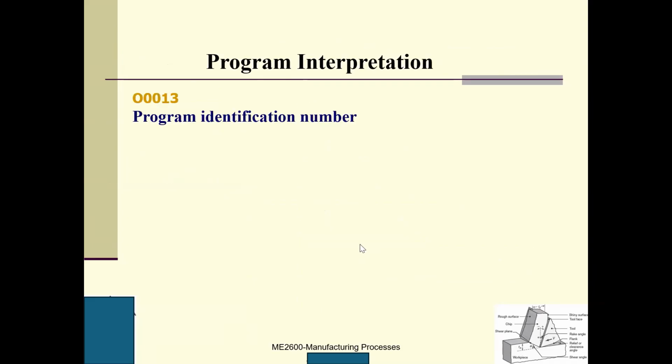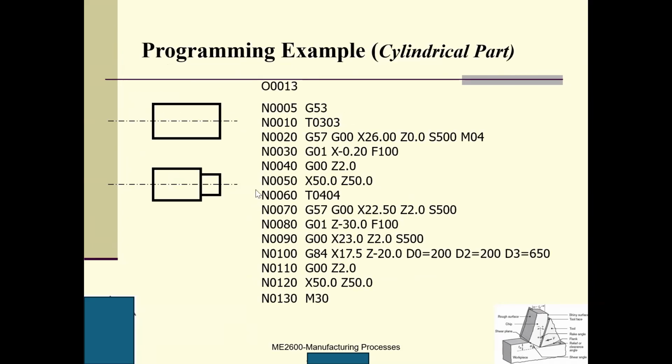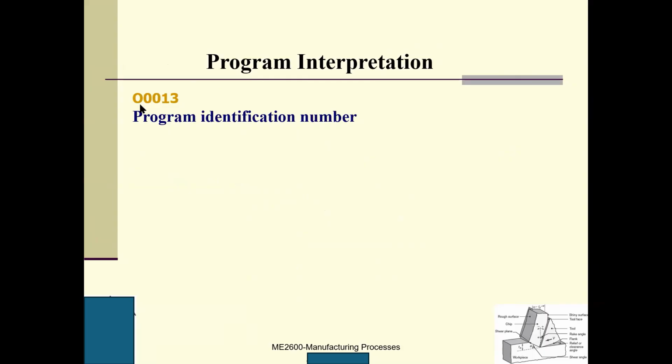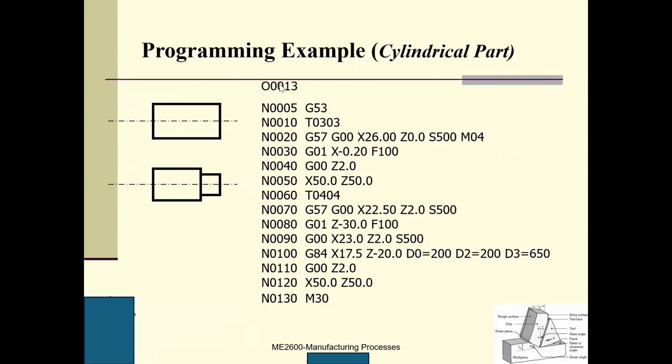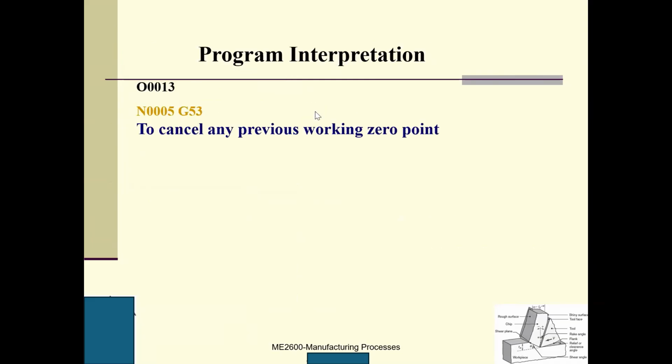So here, O0013 is a program identification number. And G53 is to cancel any previous working zero point.